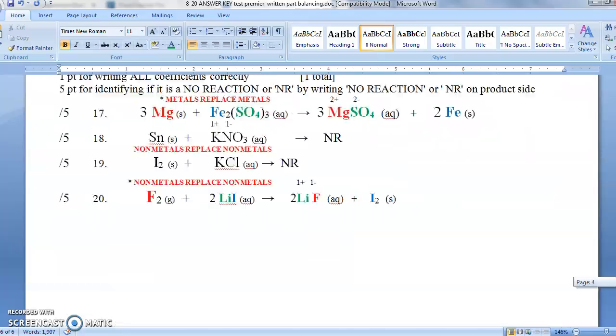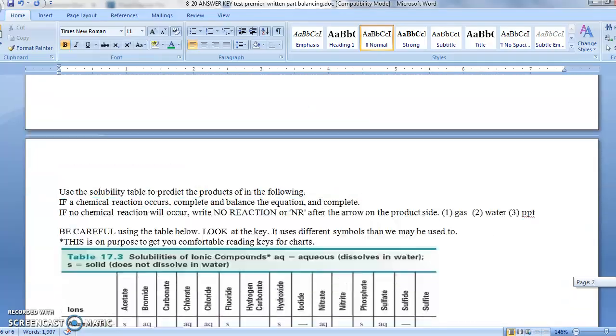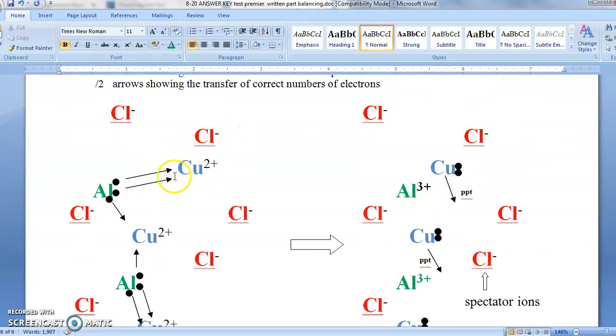In the single displacement reaction drawing that we did, there were changes in electrons. Aluminum was forcing copper to get electrons. So copper went from 2 plus back to neutral. It was reduced. Its oxidation number went from plus 2 down to 0. Reduction is gain, rig.